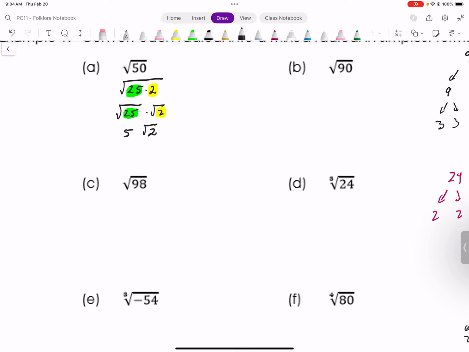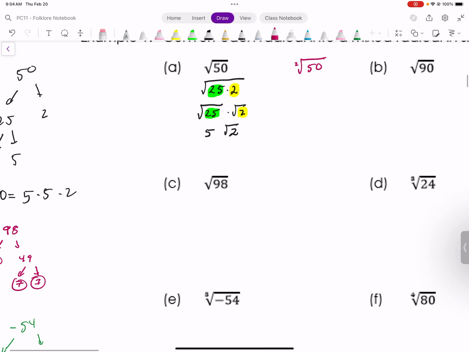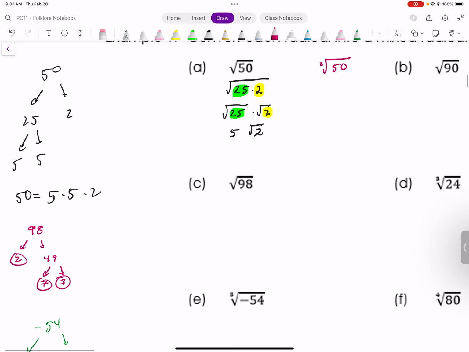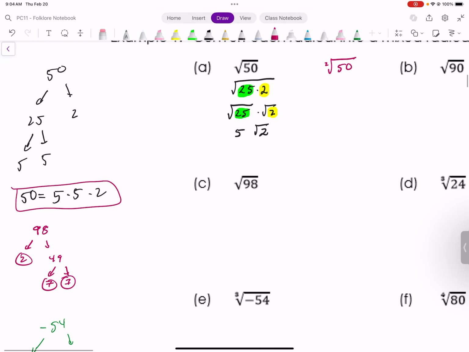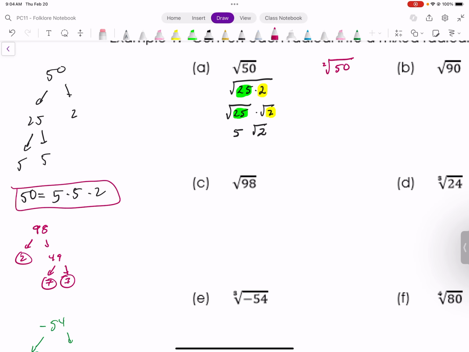Another method is the prime factorization method. I'll do this in red. I write the square root of 50, with index 2, which really doesn't matter here. I do the prime factorization of 50 aside, and I recognize that 50 is 5 times 5 times 2. Since my index is 2, I look for groups of 2.